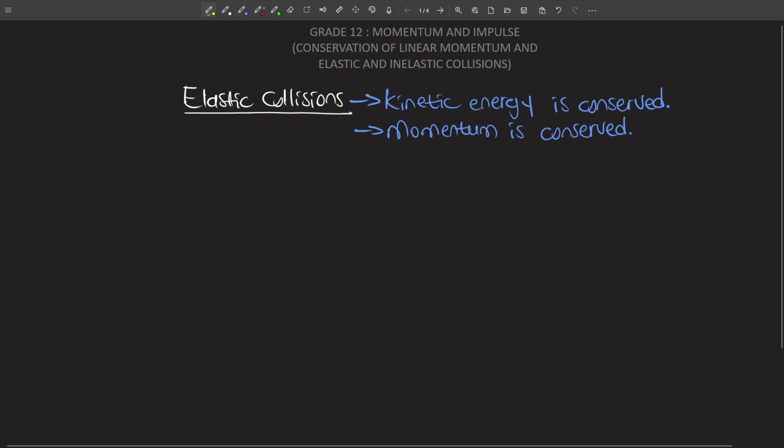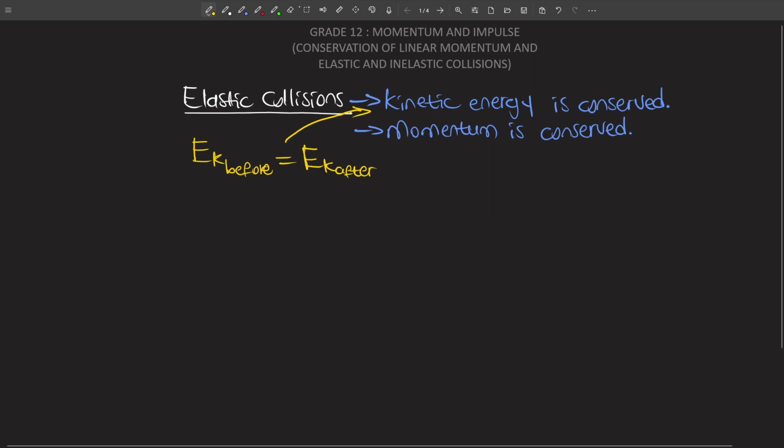In other words, it simply means that the kinetic energy before collision is equivalent to the kinetic energy after collision, and momentum is conserved.